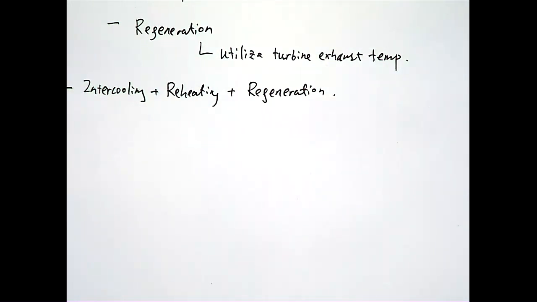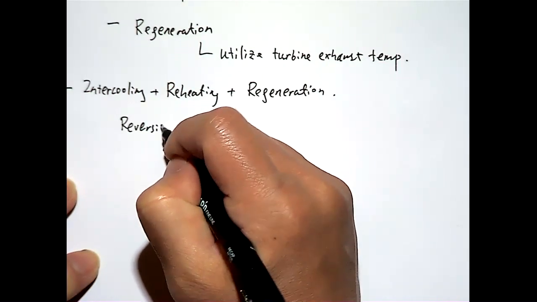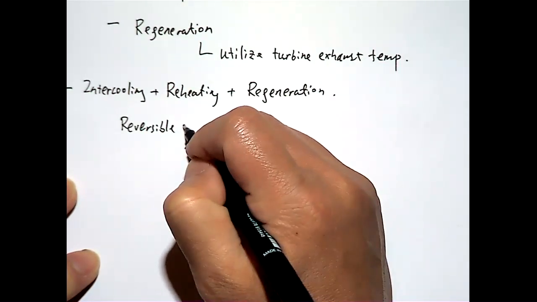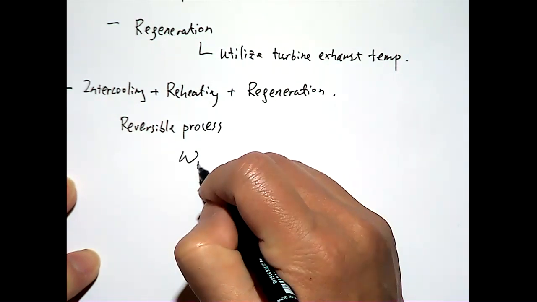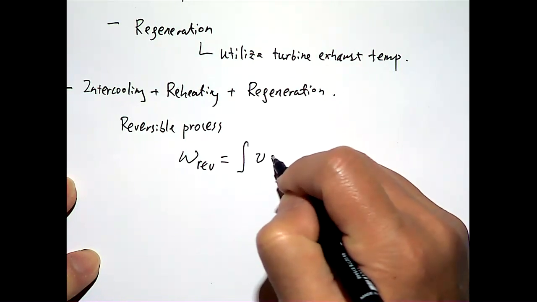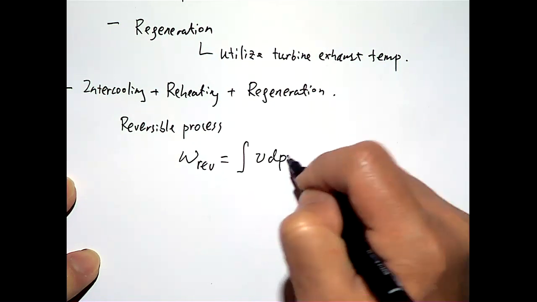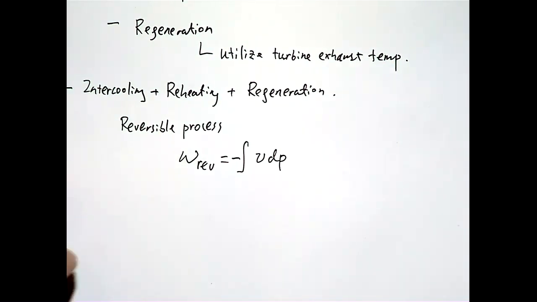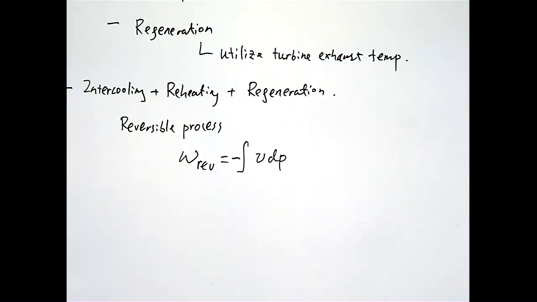If the process is reversible, then the work can be calculated as minus v dP, where v is the mass specific volume, with a minus sign in front of it. I'm not deriving this here, but it's in one of the tutorial problems.